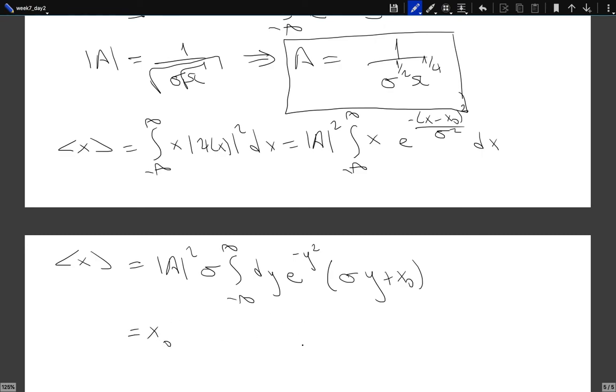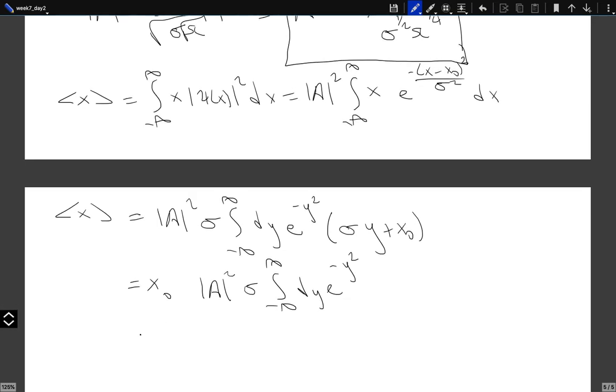So this is equal to x0 times a squared sigma integral from minus infinity to infinity dy e to power minus y squared, plus a squared sigma squared integral from minus infinity to infinity dy y e to power minus y squared. What is this integral?